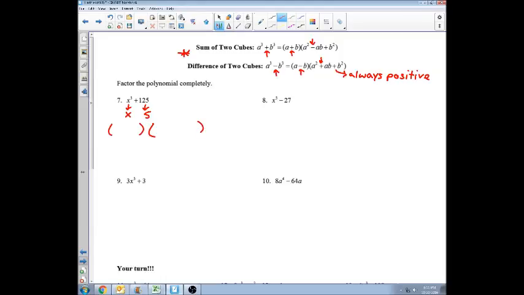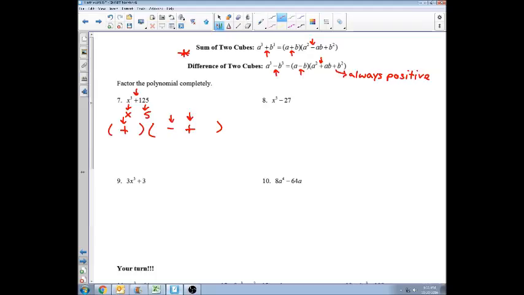Remember, for my signs, I'm going to have the same sign, the opposite sign, and then always positive. I'm actually going to move this parenthesis over here. So, for the sum of two cubes, it's same sign, opposite sign, always positive. All right?